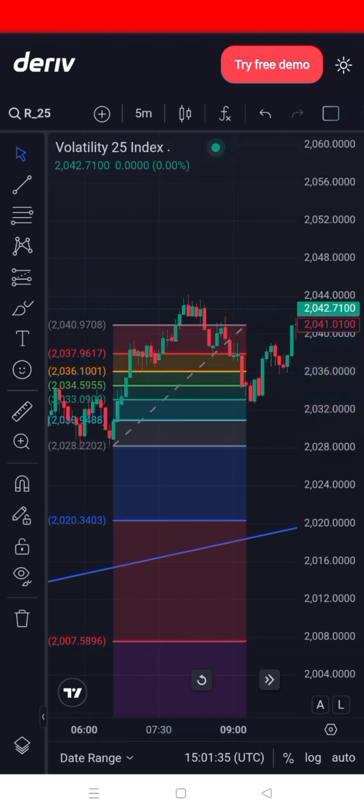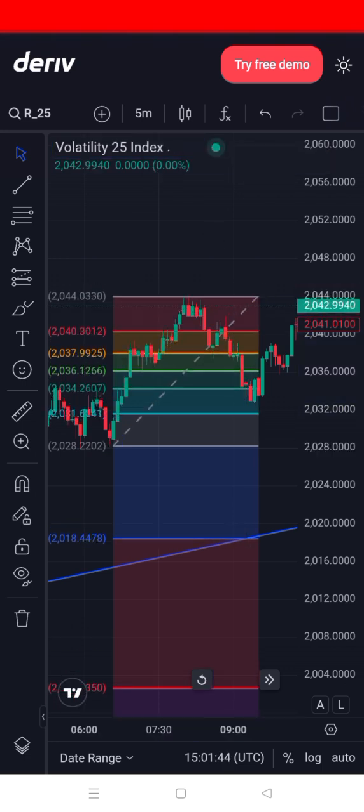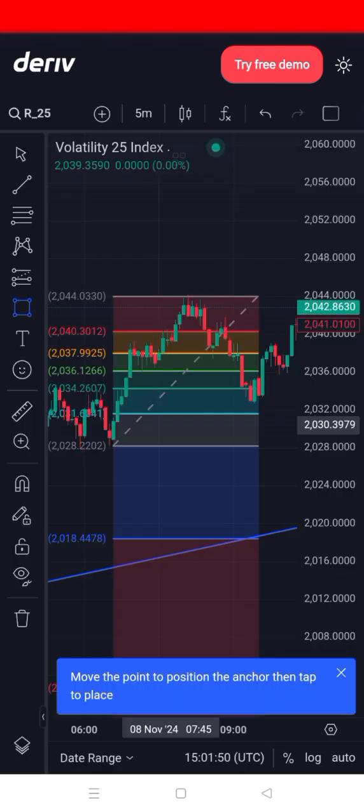It gives you very good entries. So if you are careful and you know how to use it, you can spot very many entries on the MT5. So you can see I've placed the highest point and the lowest point.